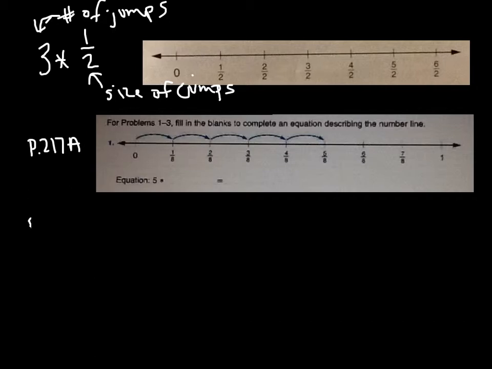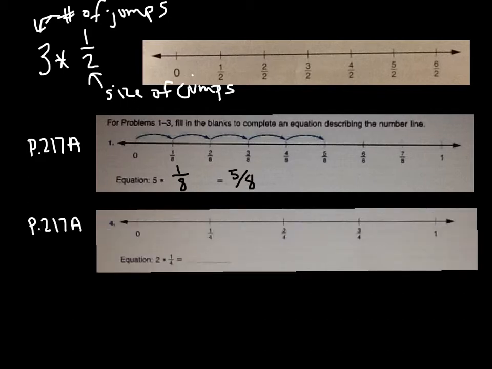We can look up at our number line to see that each jump is 1/8 long. So I'm going to write in my 1/8, and then I have to look at where we end up. And we end up at 5/8. So we know that 1/8 times 5 equals 5/8.